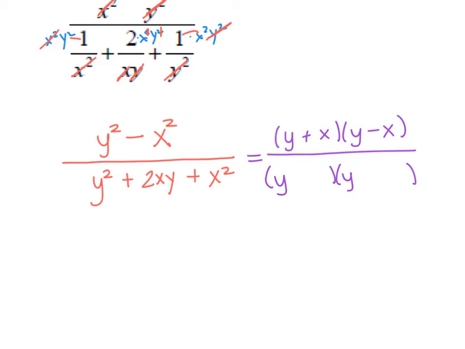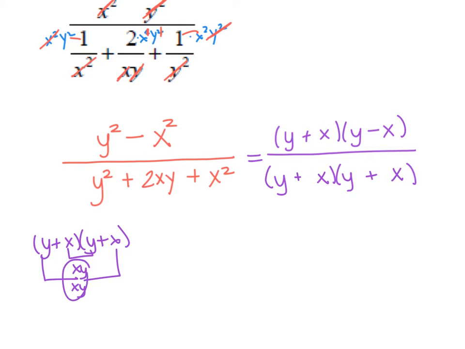Over here, we need something to multiply to x squared, so we're going to say x and x, and it's all positive, so we're going to say plus, and then just the check. Let me just write this over here. (y plus x)(y plus x). There's an xy. There's another xy. xy plus xy is 2xy, which we have in the middle, so we factored that correctly.